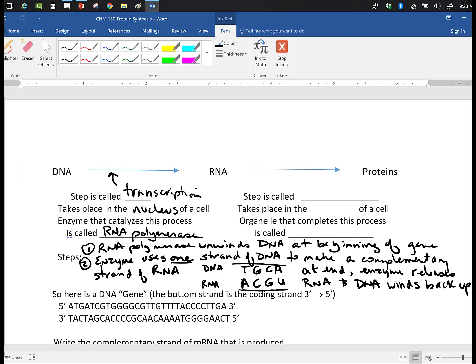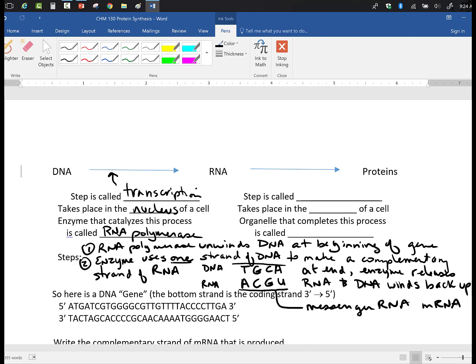This strand of RNA that's now this newly made strand from that section of DNA, this is called messenger RNA. Short term, they call it mRNA. And you can think of it, it's carrying the message of the gene. So it's carrying the message of the DNA strand, and that's going to be the strand that's used to make your protein.